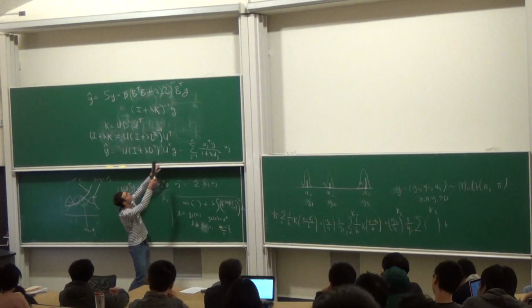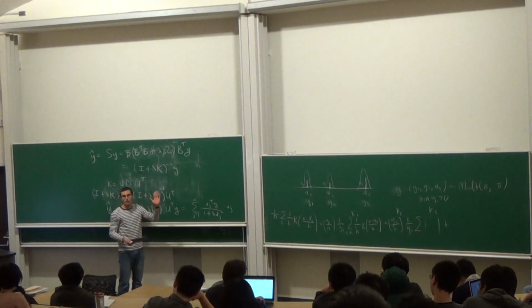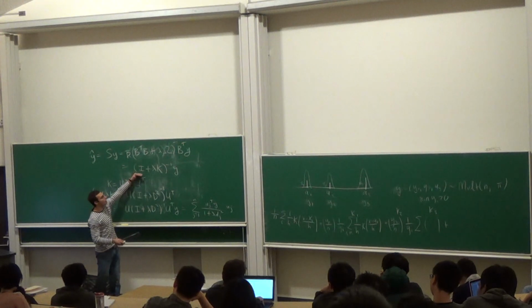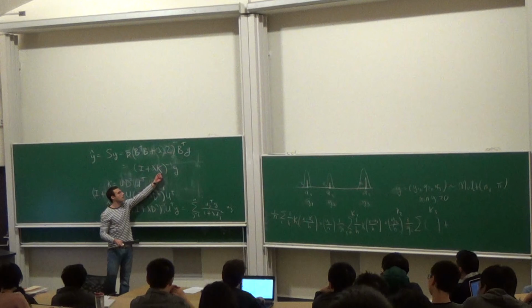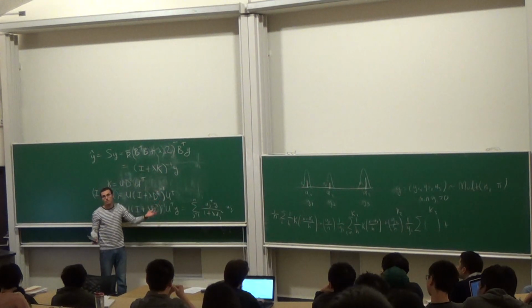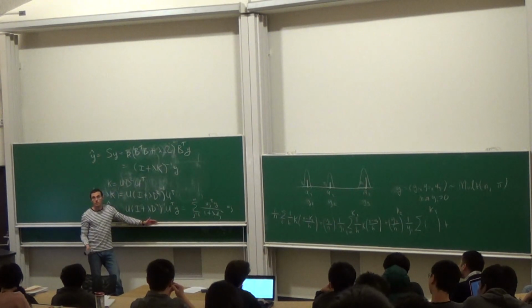And so if I take y to be the constant vector, the linear vector, they're all eigenvectors of this matrix with eigenvalue 1. And so if I flip that around, k has 4 eigenvectors with eigenvalue 0.